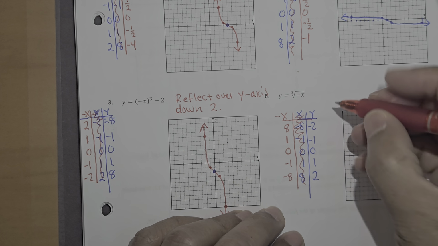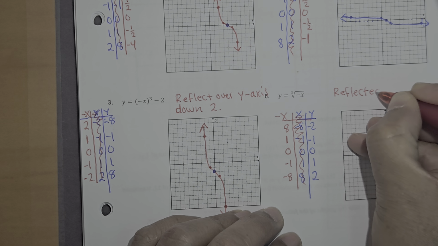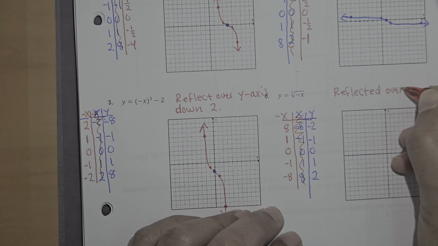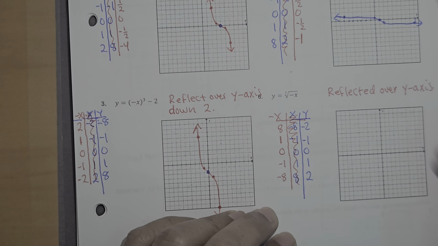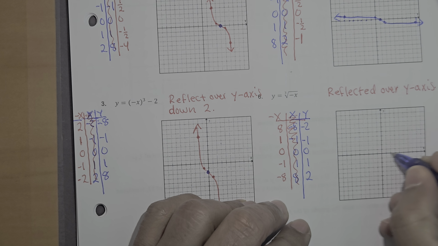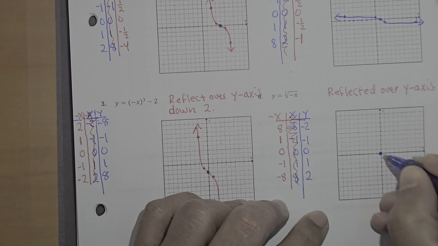Okay, so there is only one transformation, and that is that the graph gets reflected over, not the x-axis, now it's the y-axis, over the y-axis. Okay, that's the only transformation. So then there's no horizontal or vertical translation. So then we go from this point. That's the origin.